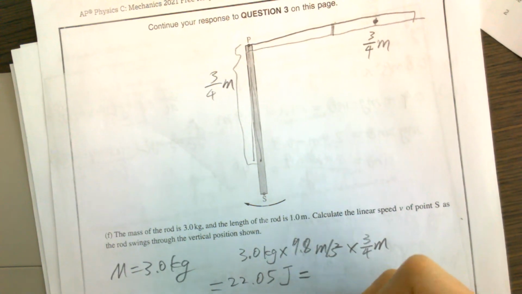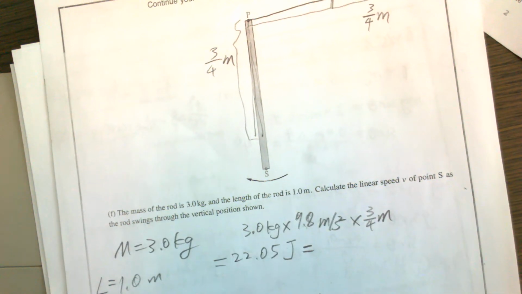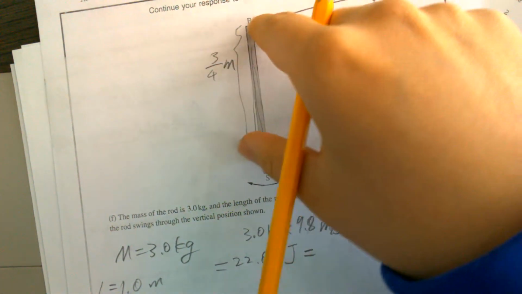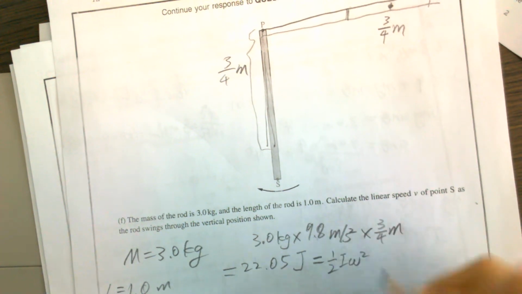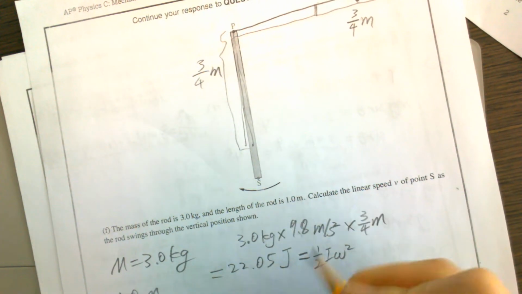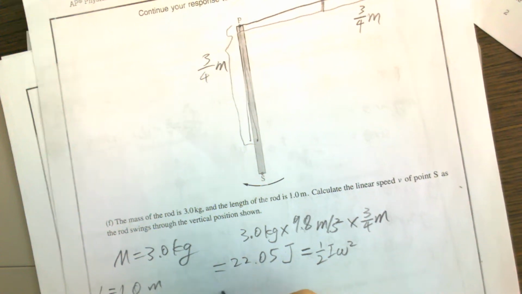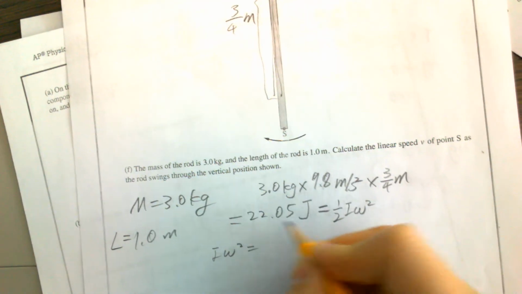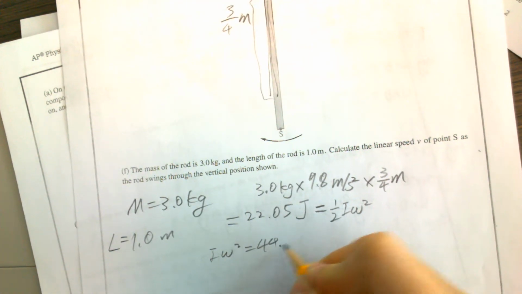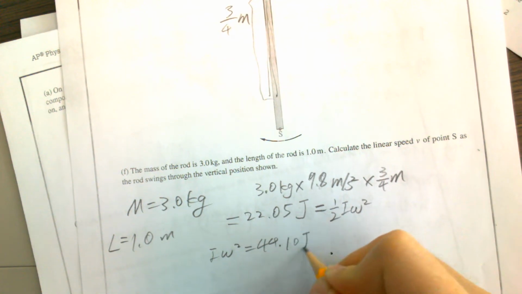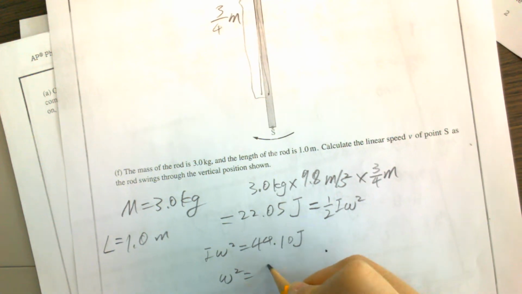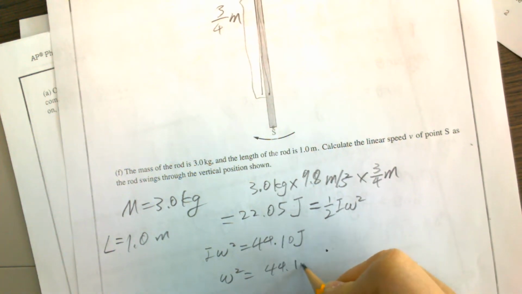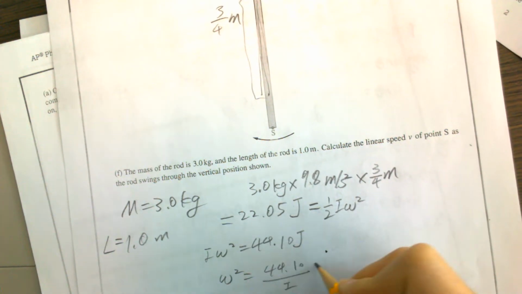And that should be equal to my change in kinetic energy, which should be 1/2 I omega squared. So I omega squared should be 2 times 22.05, which is 44.10 joules. Omega squared is 44.1 divided by I.